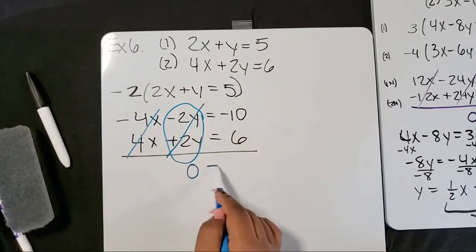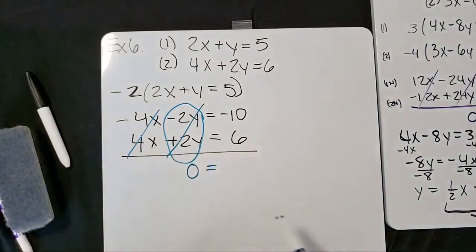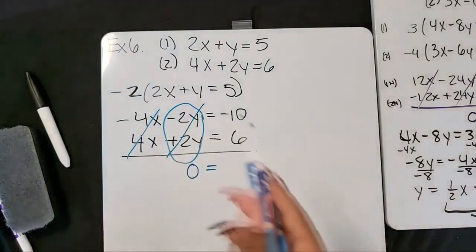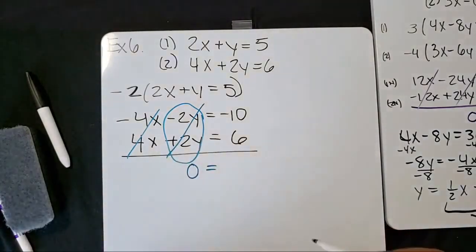So on this side, I have 0. I actually eliminated both terms by multiplying the first equation by negative 2.